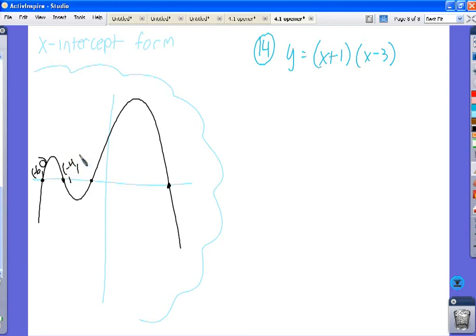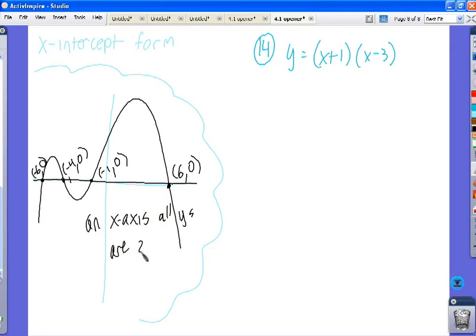What about here at -4 comma 0, -1 comma 0, and 6 comma 0. My whole point here is that on the x-axis, all y's are 0.